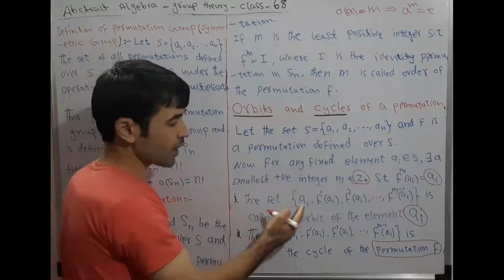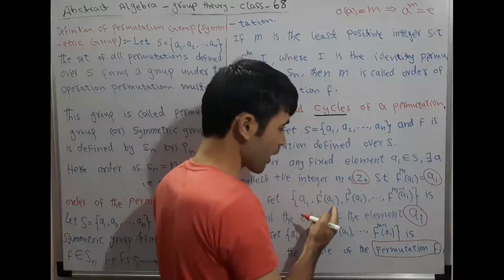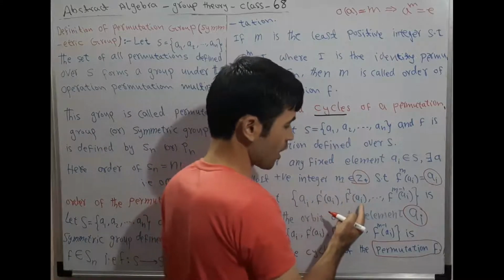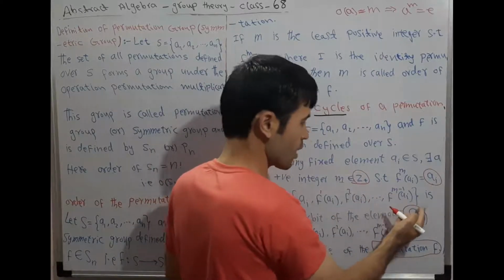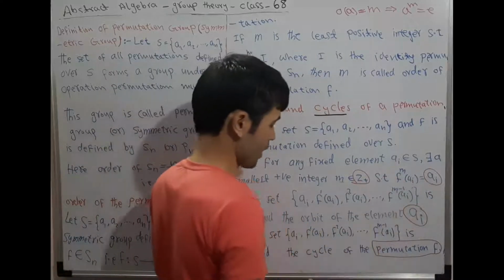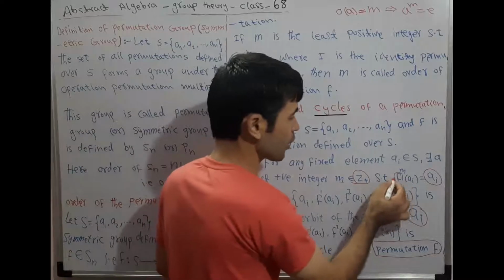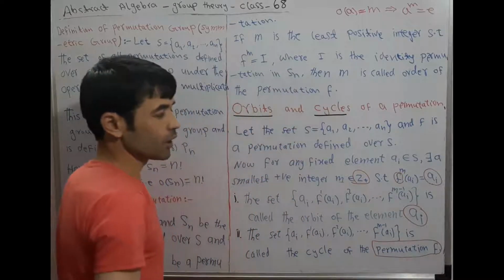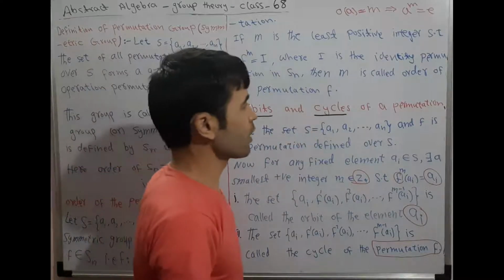One, the set {Ai, f to the power 1 of Ai, f to the power 2 of Ai, and so on, f to the power m minus 1 of Ai} is called the orbit of the element Ai, and this is also called the cycle of the permutation f. This is the definition of orbits and cycle of a permutation.